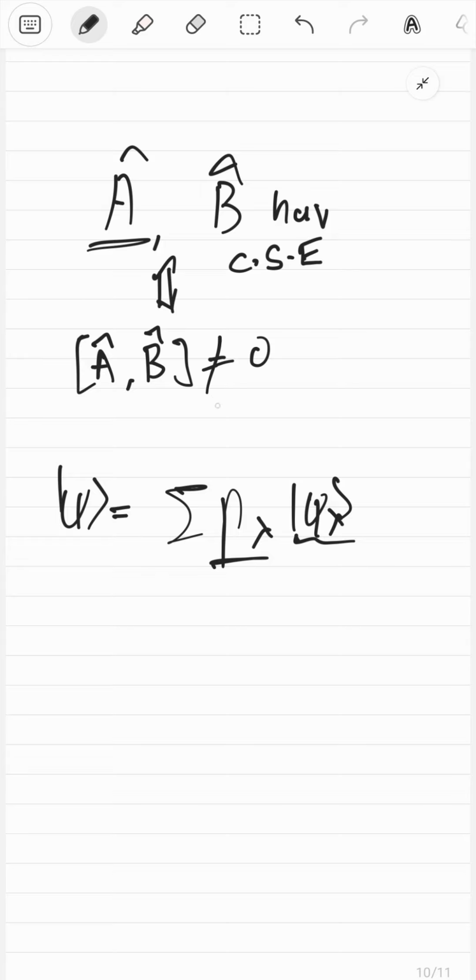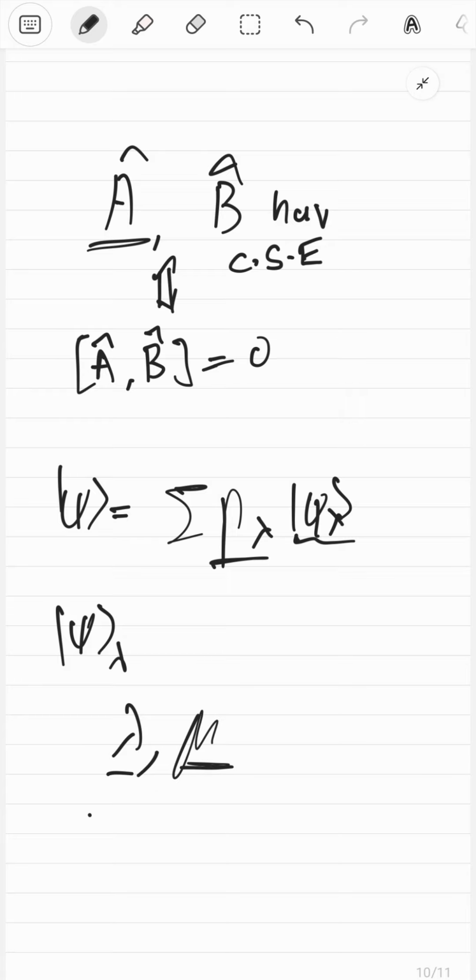But if the commutator is not equal to 0, we cannot do that. What I should be saying instead is that if your psi was just one particular eigenstate, then we know that it has some corresponding lambda value and mu value, so a would just be equal to this thing, b would just be equal to that thing.